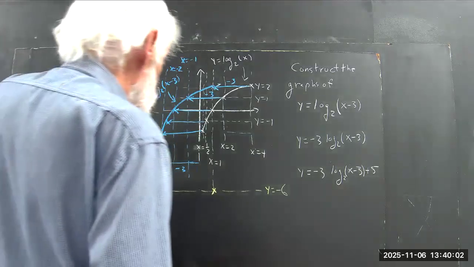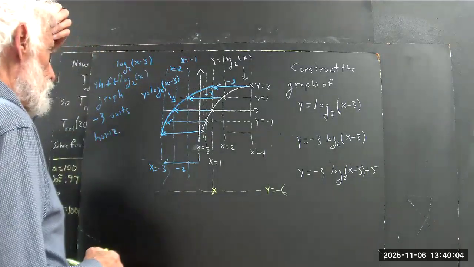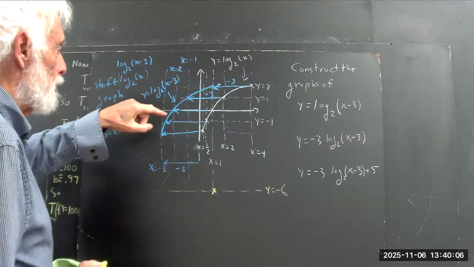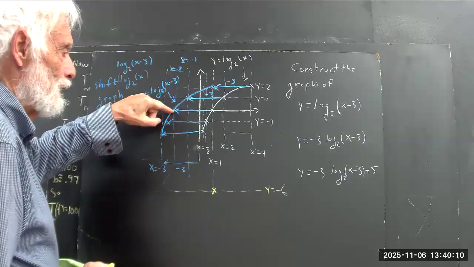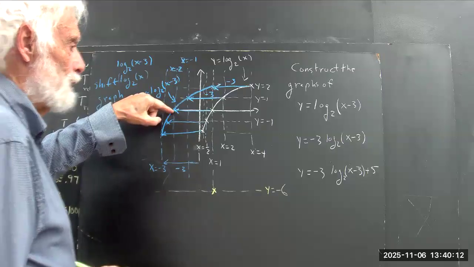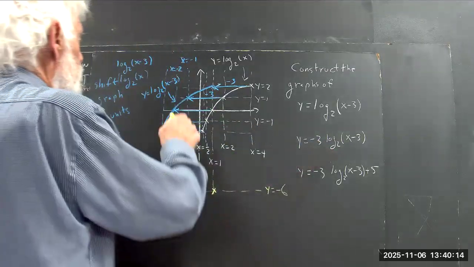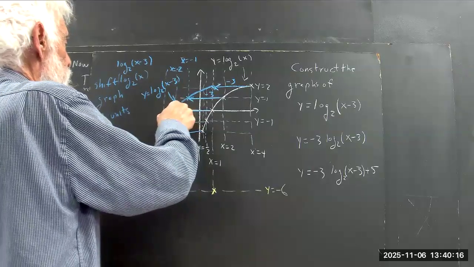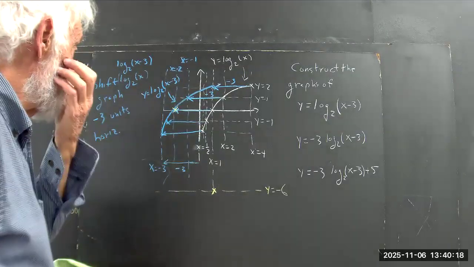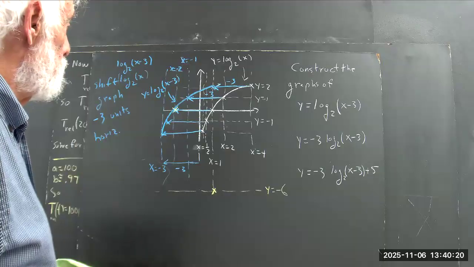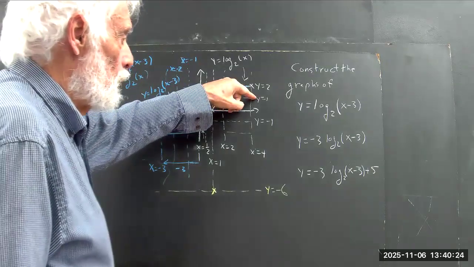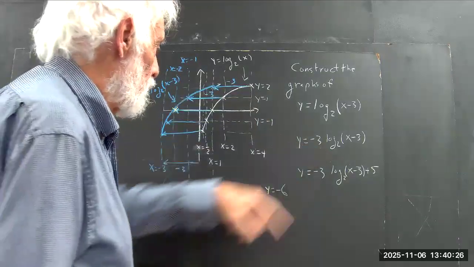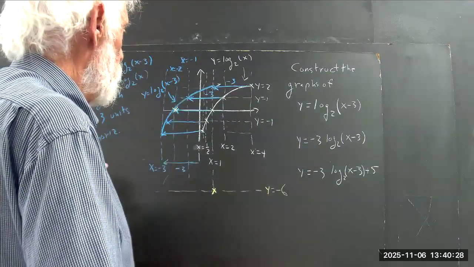I'm not going to do every point, but I'll say that this point is at y equals 0. It's going to stay at y equals 0. So this point's going to stay where it is. This point's at y equals 1. Multiply that by -3, we get y equals -3.